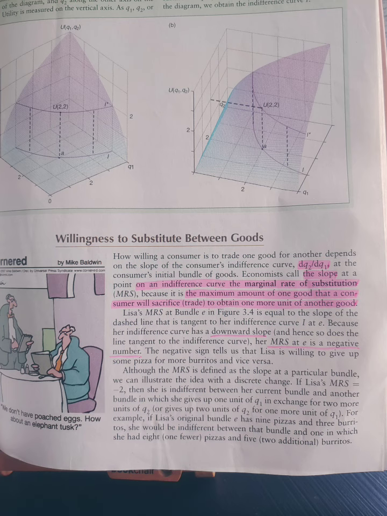To the right, there's a cartoon. It reads Cornered by Mike Baldwin, from 2007, distributed by Universal Press Syndicate, Cornered.com.